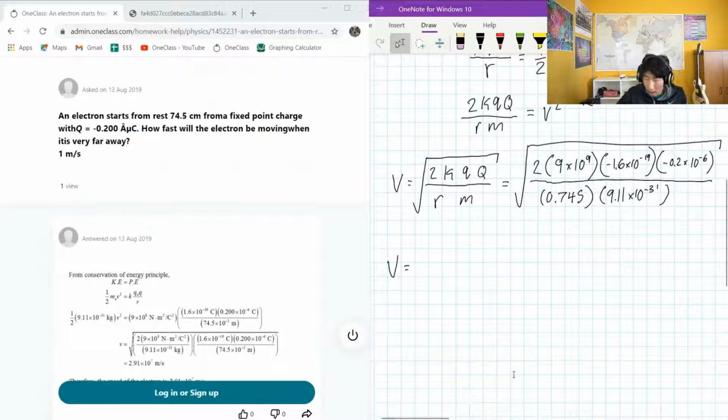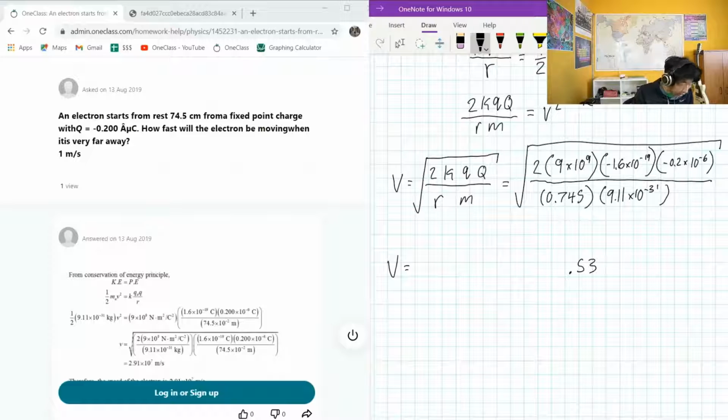And my result for this calculation is 2... or I'll write it back to front, just so I can get my stuff good. We have 0.53242132 and 29.